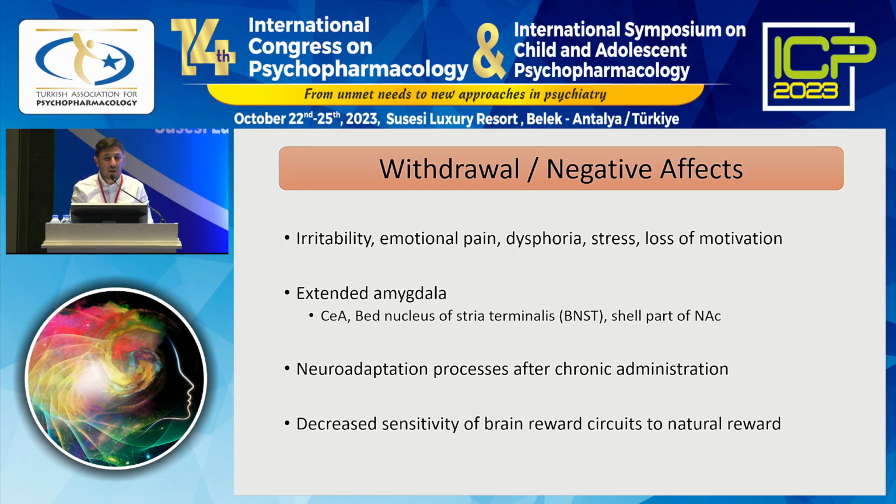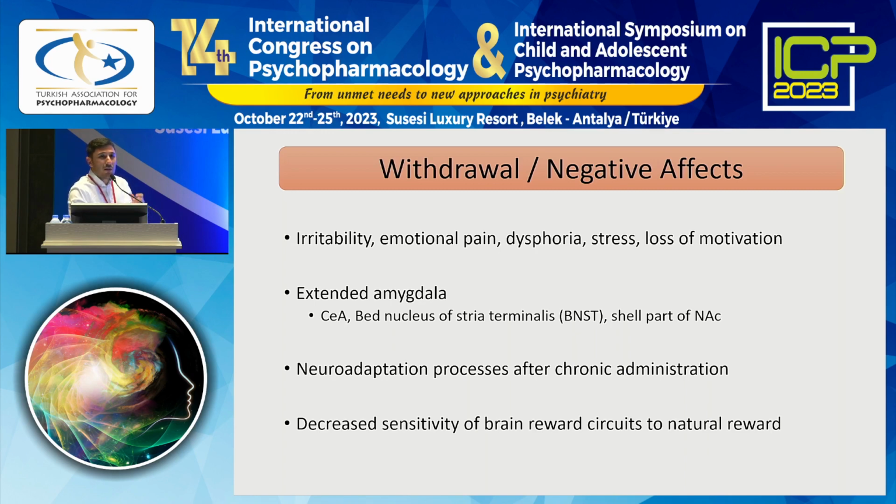In long-term substance abuse, when there is a long-term agonist or antagonist reaction, as a rebound impact, the process goes in the reverse direction, leading to neuroadaptation processes. Here, of course, a decreased sensitivity of brain reward circuits to natural reward can be seen.